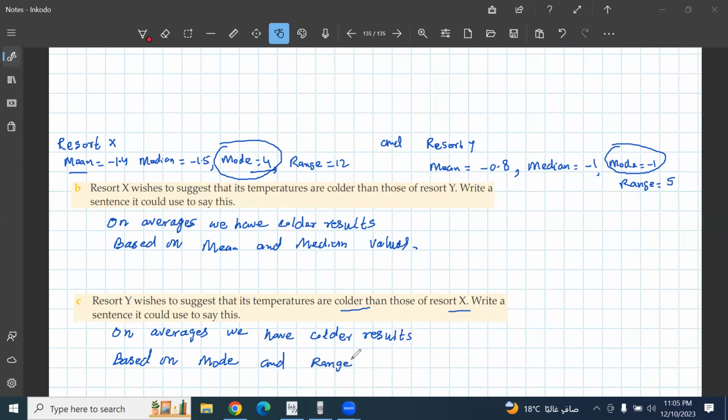As I said, the range value is smaller than the range value of resort X, which helps us to say that it is more consistent. The spread of data is very small. But you can consider smaller range values. Okay, I hope you get it, how to write the sentences on the basis of mean, mode, median, and range. And see you in the next video.